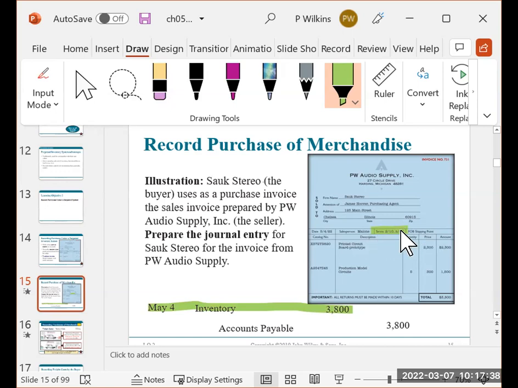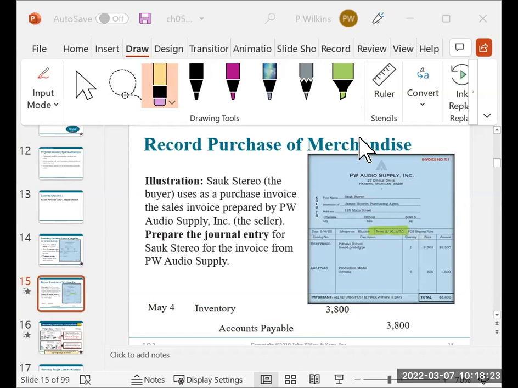What these terms mean is that if you pay this bill in 10 days, you get to take a 2% discount. But if you pay it on the due date in 30 days, then it's just net 30. You just pay the full invoice in 30 days. This is an example of an entry for a purchase as the buyer, okay?